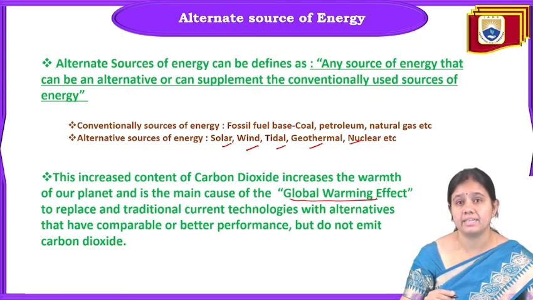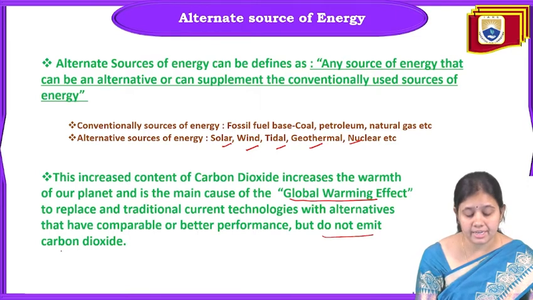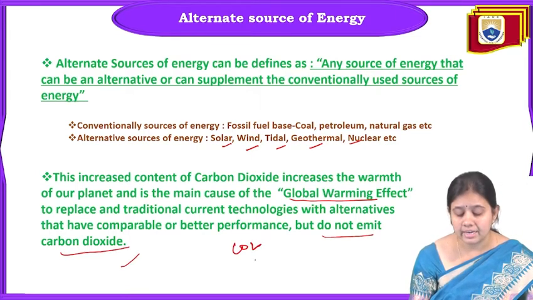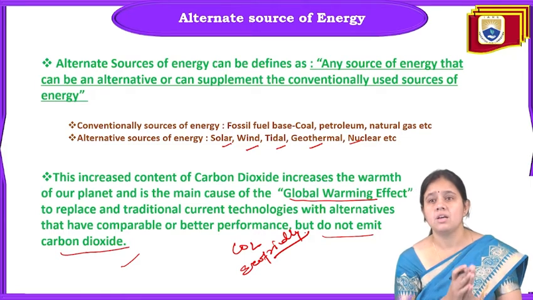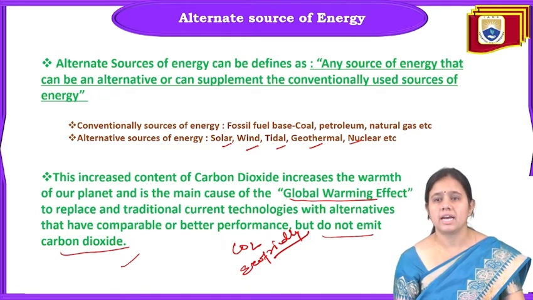So we have to find a different source of technology that has very good performance, but does not emit any kind of carbon dioxide, and it should be eco-friendly. In search of these things, we are going to shift toward alternative sources of energy. That's why we are studying this.